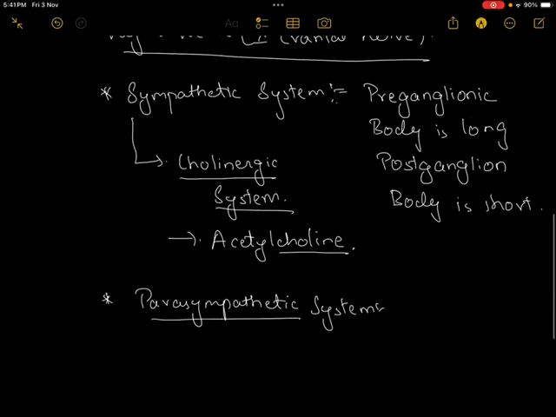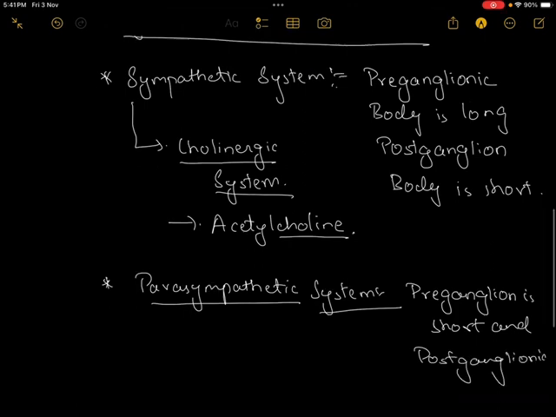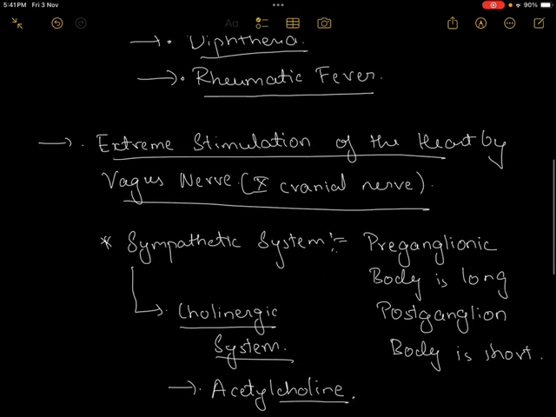If we take it in the parasympathetic system, usually the preganglionic body is short and the postganglionic body is long. I'm sorry for the mistake.